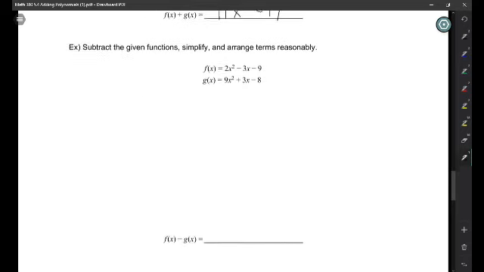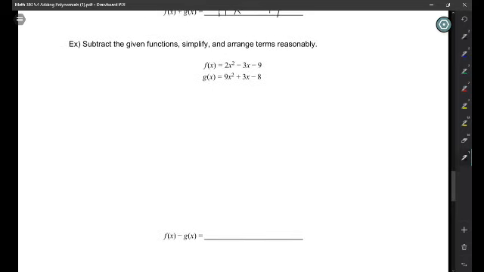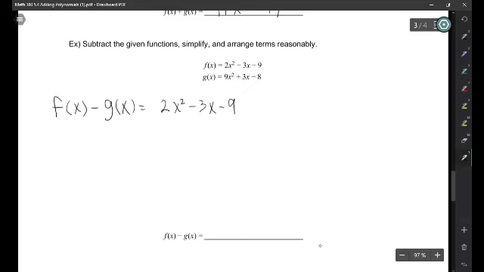Now subtract the given functions. Do f of x minus g of x. So f of x minus g of x would be 2x squared minus 3x minus 9. So all of that is f of x.